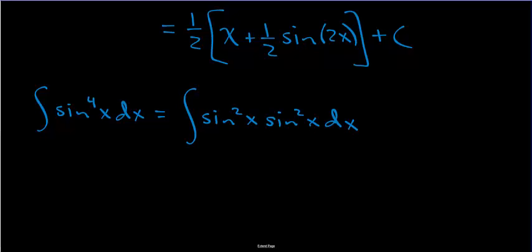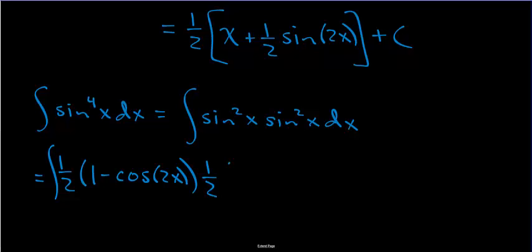The point is, you have the integral of 1/2, 1 minus cosine 2x times 1/2, 1 minus cosine 2x. And you can see these get kind of intensive. Imagine if you had sine to the 6th power or sine to the 8th. You could work those with this method. They just get a little bit involved.